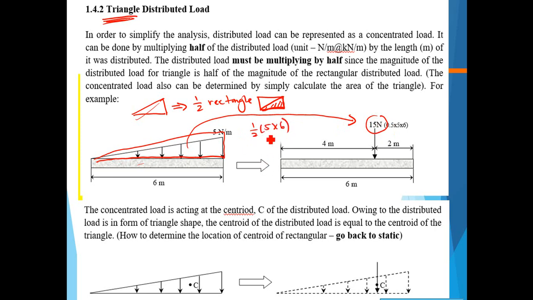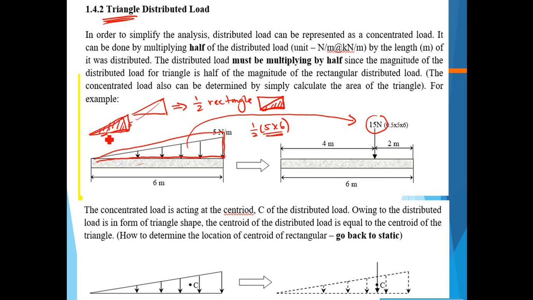Because 5 times 6 is the rectangle, and the triangle is half of the rectangle, you multiply by half. Or you can simply calculate the area of the triangle, with 6 here and 5 here.